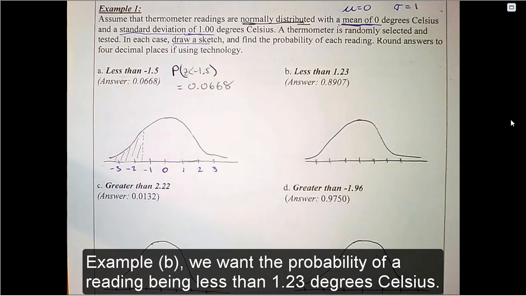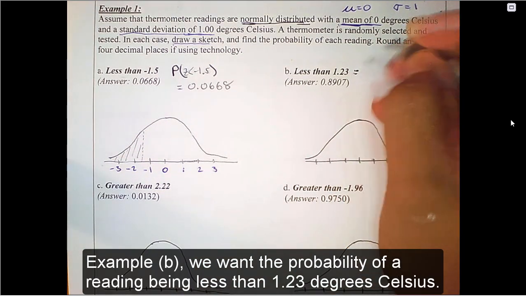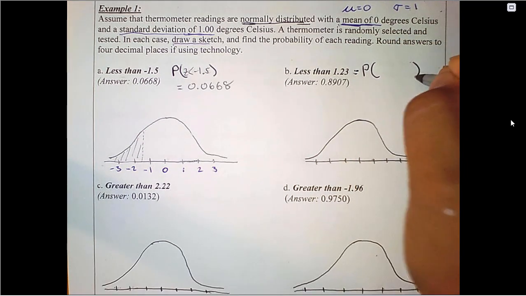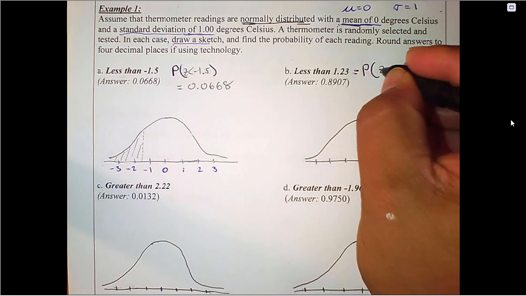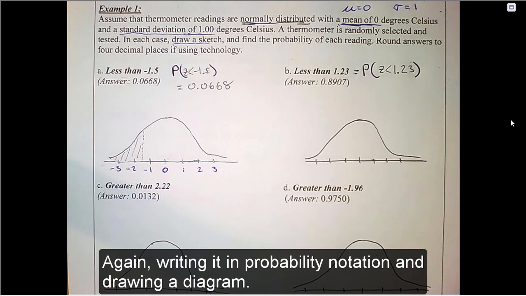Example B, we want the probability of a reading less than 1.23 degrees Celsius. Again, writing it in probability notation and drawing a diagram.